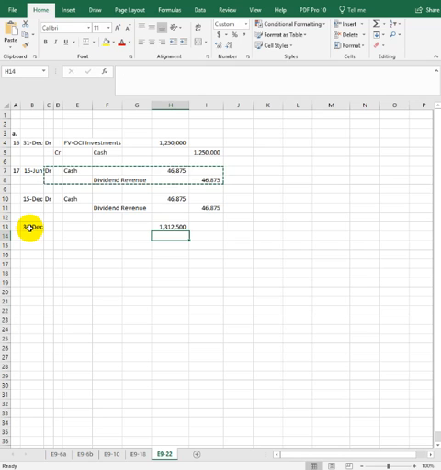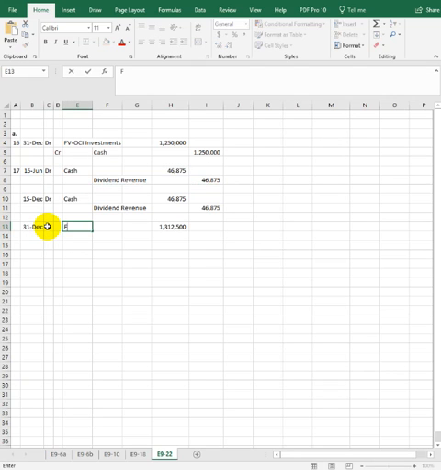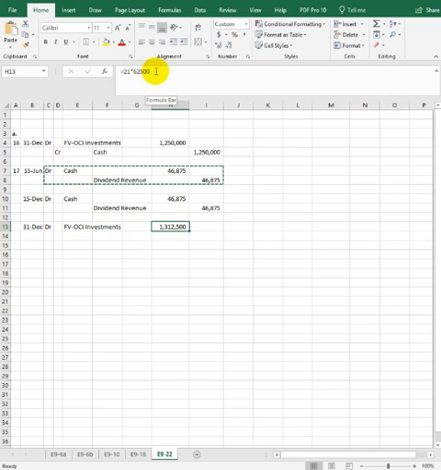That works out to 1,312,500, which is a little bit more than we paid for it, right? So 1,250,000 was what we paid for it, which means we have an unrealized gain. So the fair value through other comprehensive income investments will be increased by the difference between that and the 1,250,000 that we started with.